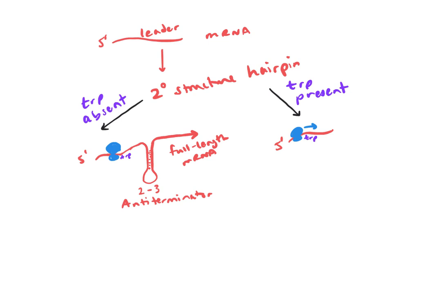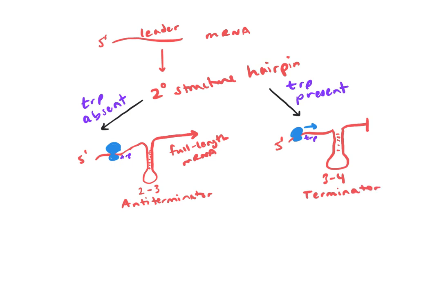But if it can move through that area fast, it's not going to stall and it's going to form a different hairpin called the 3,4 hairpin. This 3,4 hairpin causes termination of transcription. Sometimes people call this hairpin the terminator.